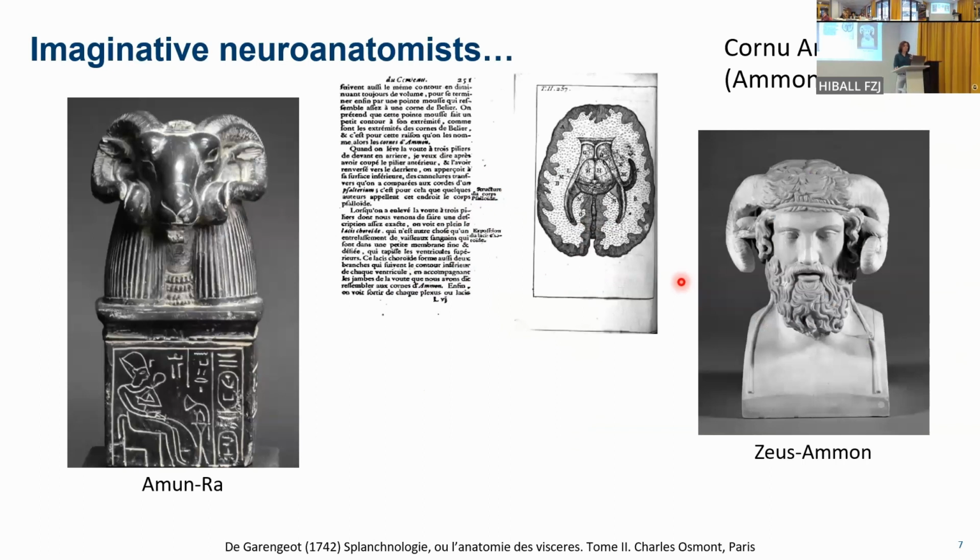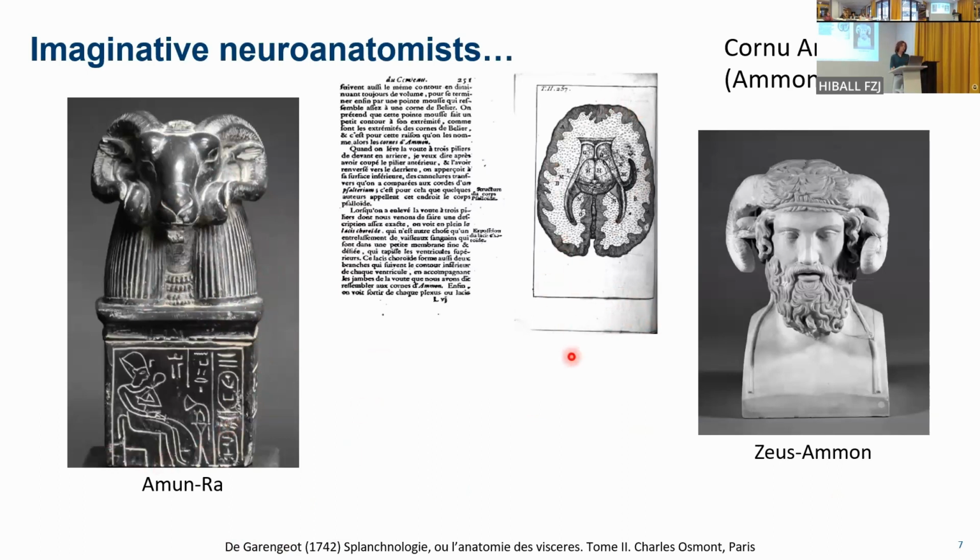Then we come to the term cornu ammonis, okay? It was again named a long time ago, namely in 1742. And here we had a French anatomist, and he said that the hippocampus, when viewed from above, reminded him of representations of either the god Amun-Ra, or of the later-appearing figure of the god Zeus-Ammon, the combination of Zeus and Amun-Ra.